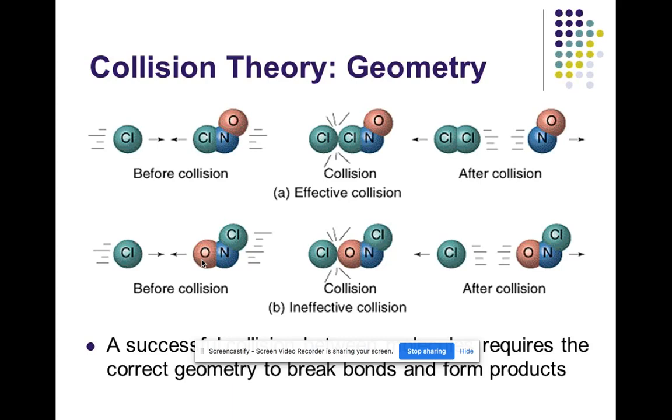Doesn't work. So it's an ineffective collision, and we're not going to have an activated complex. Like bumper cars, that chlorine is just going to go in the opposite direction. And since the molecules are always moving, that chlorine might hit another chlorine, and then we'll have an activated complex, and we'll have a new product taking place.